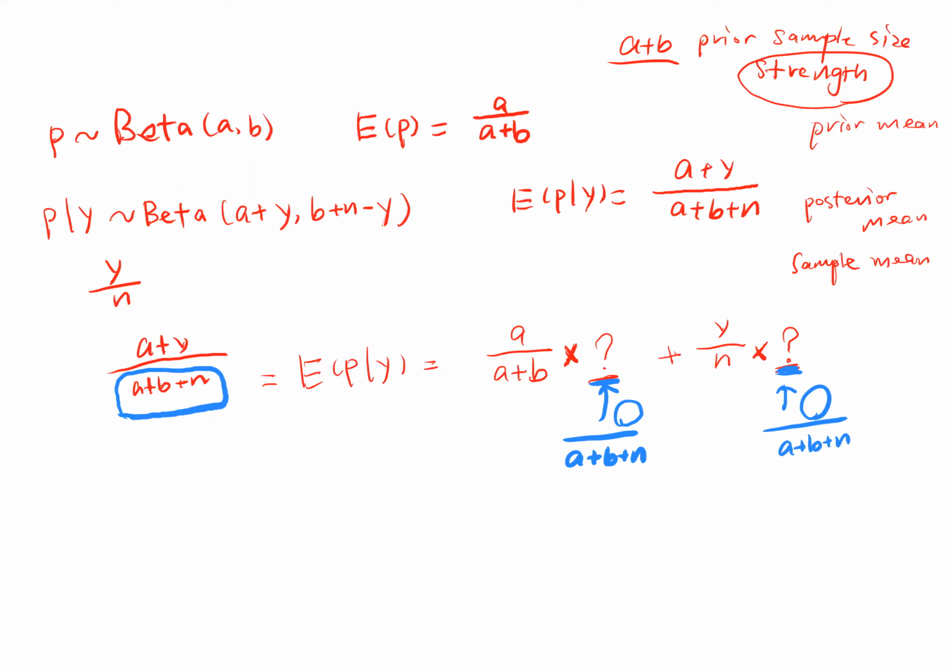So the goal is that we're going to try to cancel the terms of a plus b here, and then the n here.